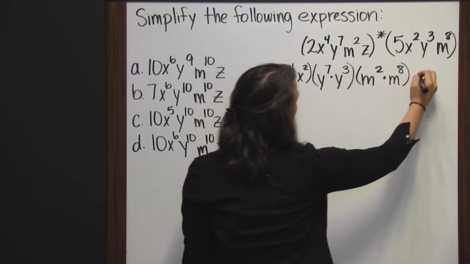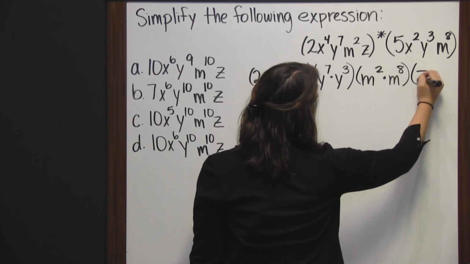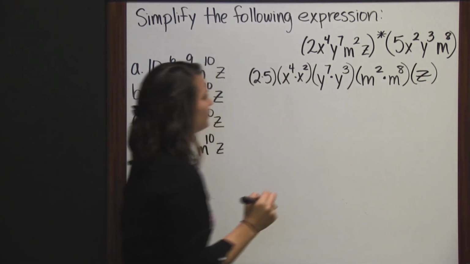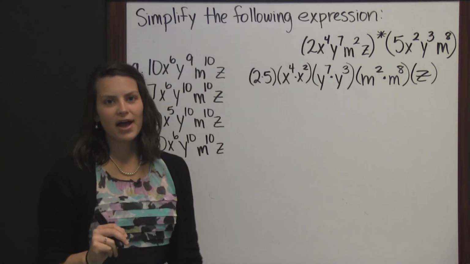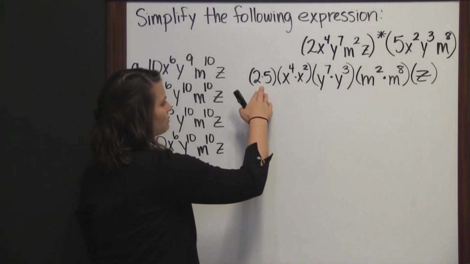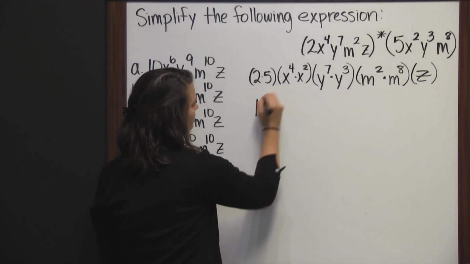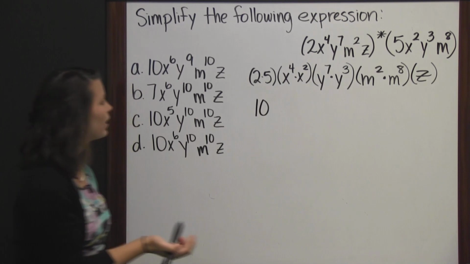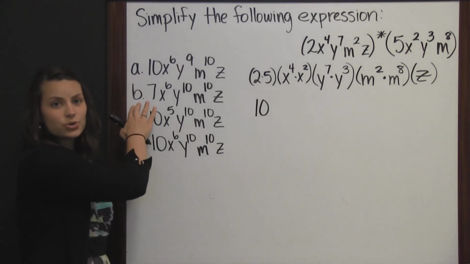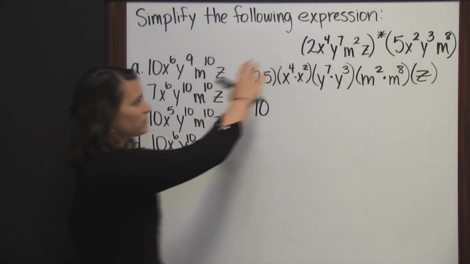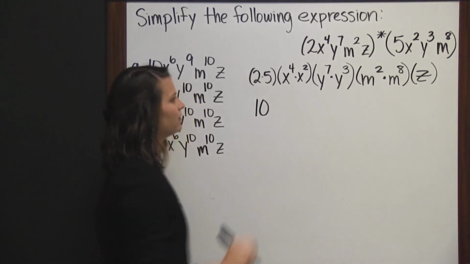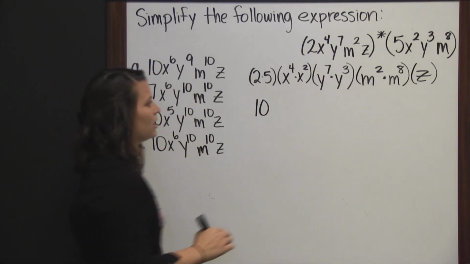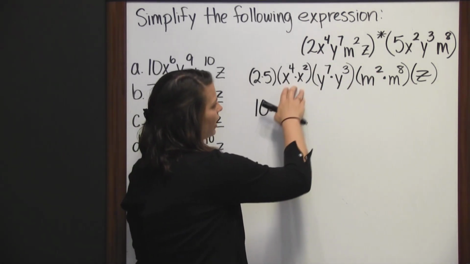And then finally we just have this z, so times z. And now we'll simplify each one of these. So 2 times 5 is 10. And so right now you could already eliminate answer choice B because we're multiplying. We're not adding 2 and 5 together. We're multiplying. And then we get to our x's.